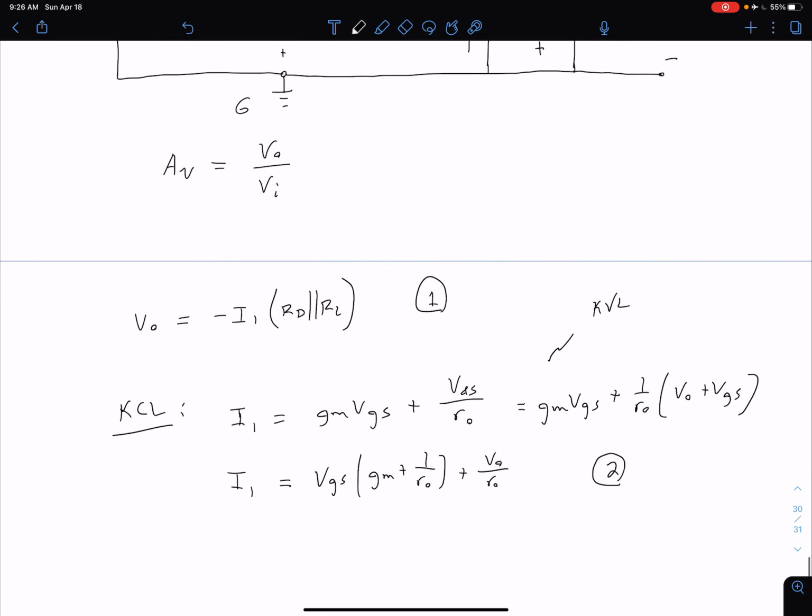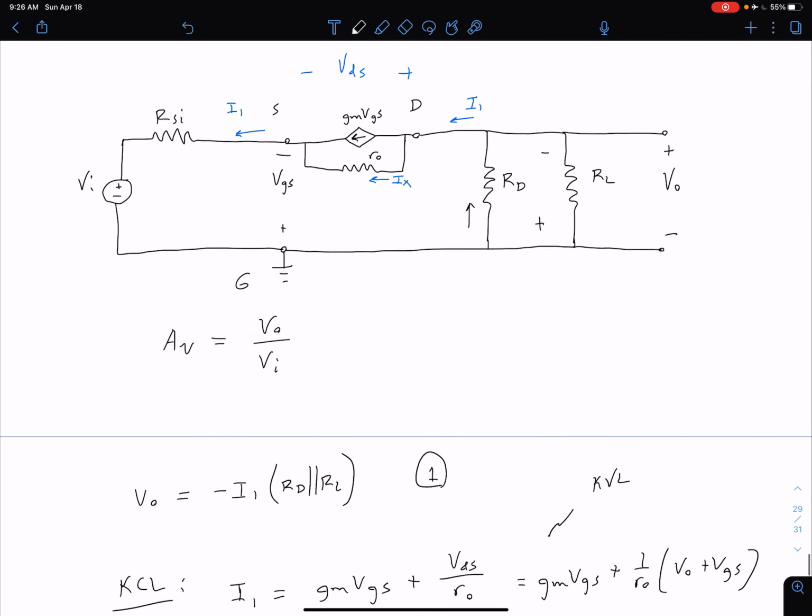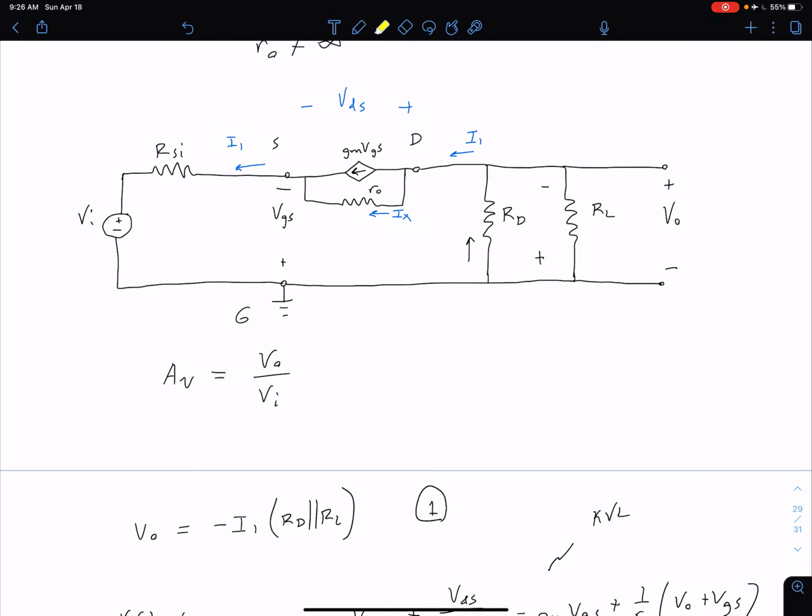Now let's go to our input side for our last unique piece of information. If we do a KVL on our input side, we can relate our VGS and our VI. It's going to include, as well as those 2 voltages, our voltage drop across this RSI resistor. Because I1 is going from right to left, we're going to have a positive voltage drop from right to left as well.